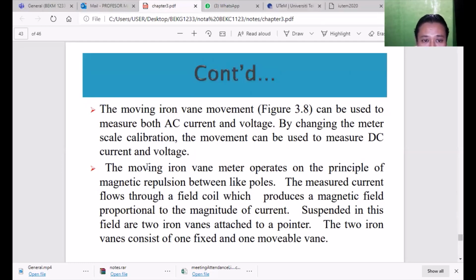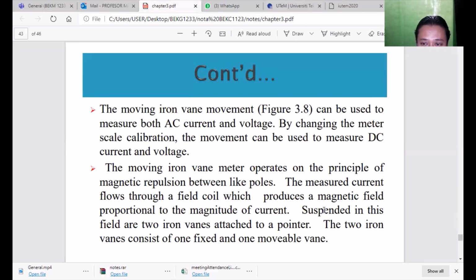Okay, so the moving iron vane meter operates on the principle of magnetic repulsion between like poles. That is how the iron vane meter operates. The measured current flows through the field coil, which produces a magnetic field proportional to the magnitude of the current.